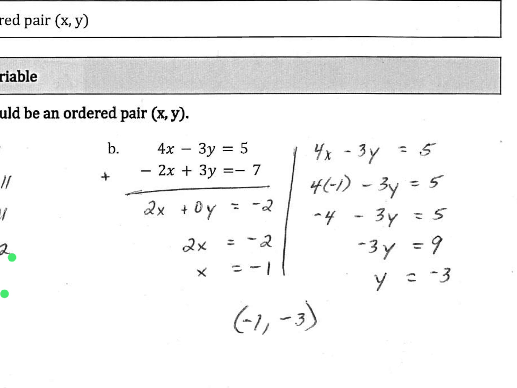So if we're going to add this column, we also need to add the x column, and we also need to add the constant column. So all three columns should be added. Now we're left with 2x plus 0y equals negative 2. How did I get that? I did 4 plus negative 2 to get 2, negative 3 plus 3 to get 0, and 5 plus negative 7 to get negative 2.